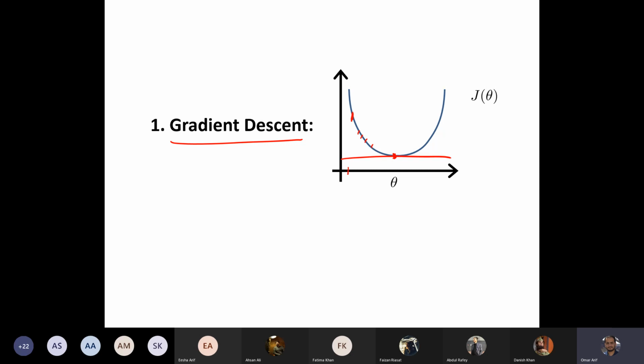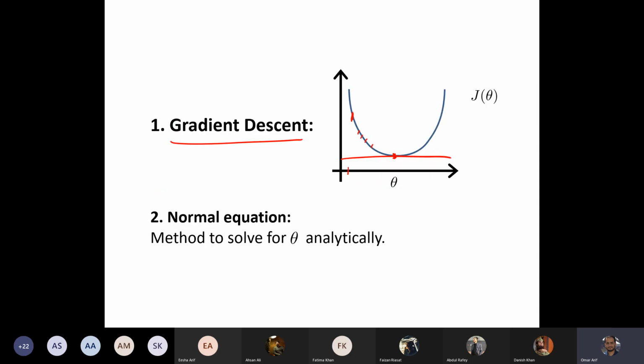This is an iterative approach. Another approach is called the normal equation, where we solve for theta analytically, which means we will get an equation where we put in the values and compute the value of theta in a single step. So let's see how we can do that.